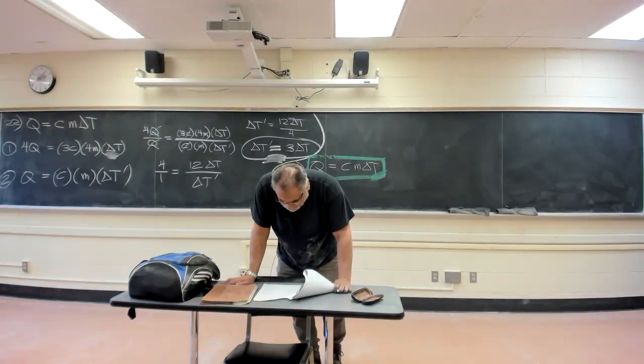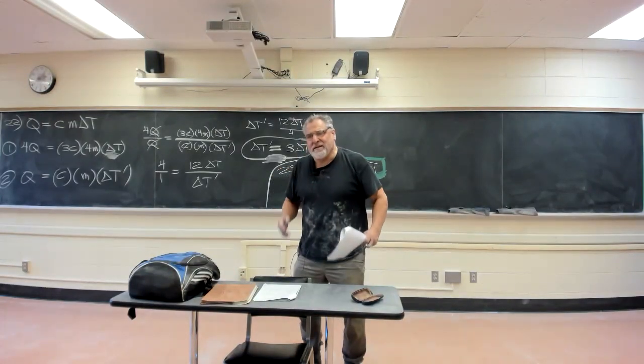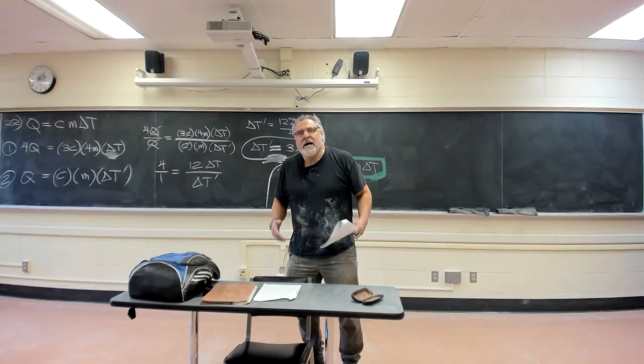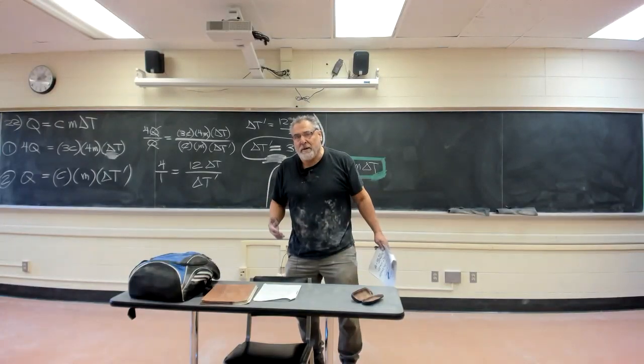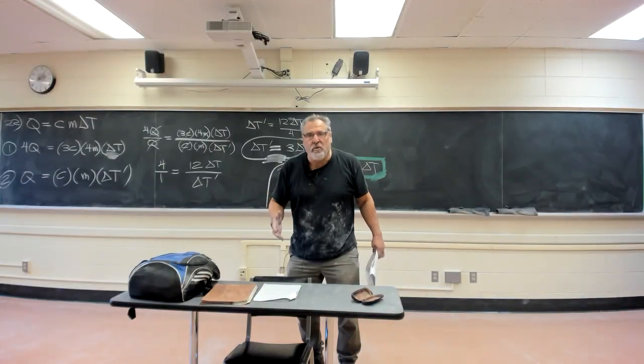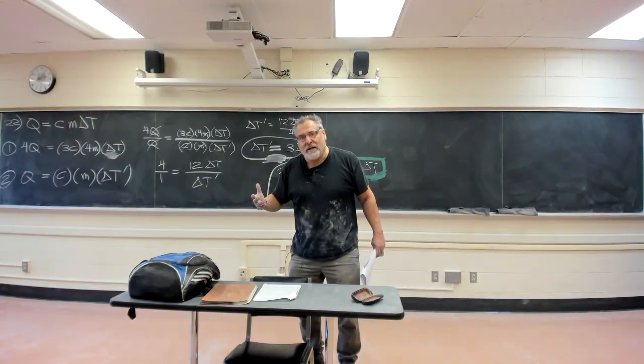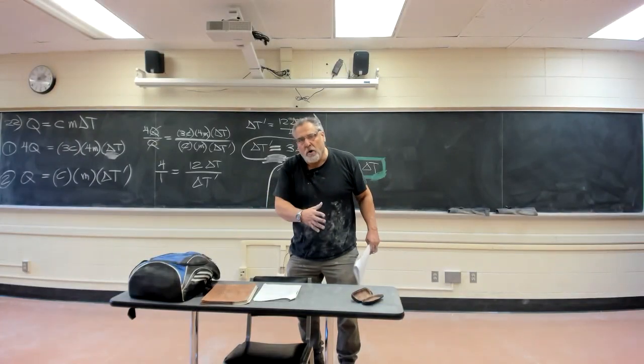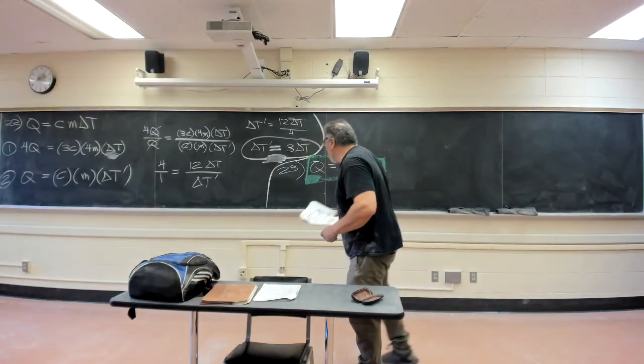Our gut is it doesn't need to absorb as much heat to make the temperature change happen. If something is massive and there's a lot of specific heat capacity, you need more Q to make it reach the delta T. If there's not a lot of mass and not a lot of specific heat capacity, you can reach that same delta T with smaller Q. So we suspect it's going to be a smaller number.